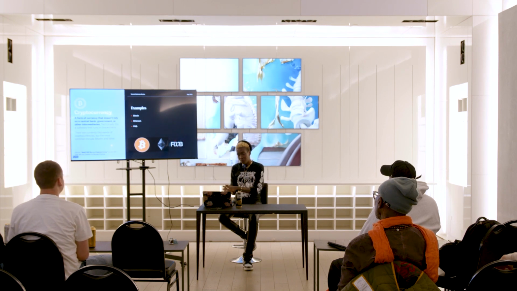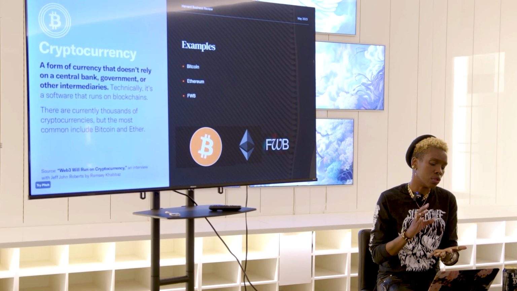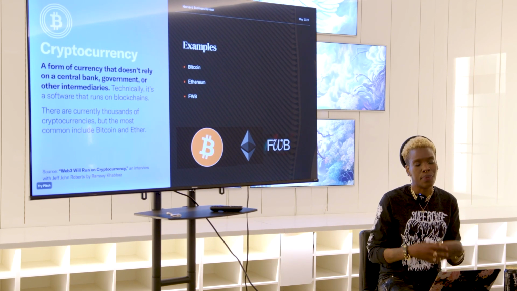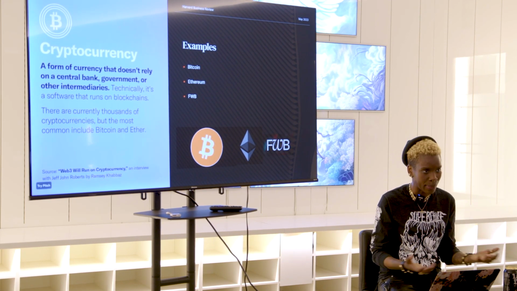For example, FWB is essentially a social club that I'm a part of, and it has a token. That token functions like a cryptocurrency, but it also allows users who hold that token, who are in the social club, to have voting power in the decisions that get made as a group.